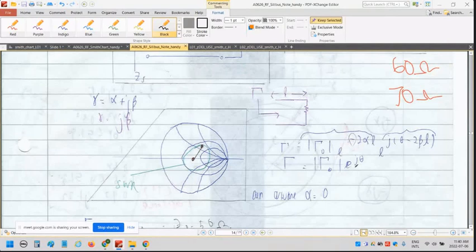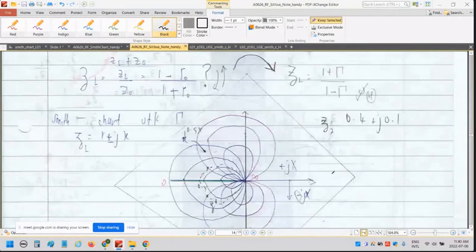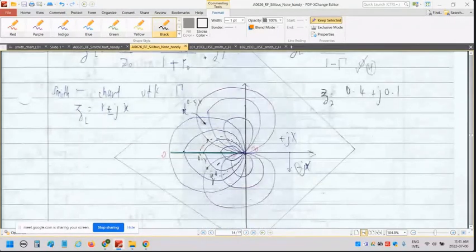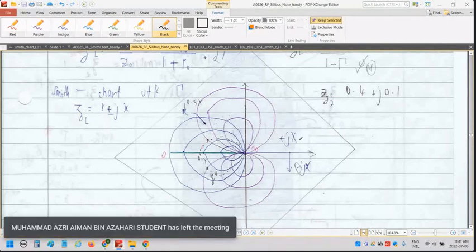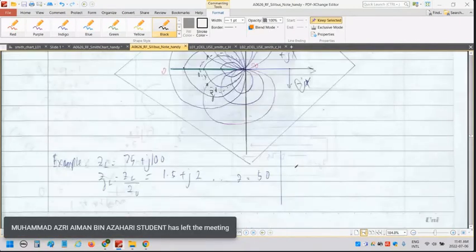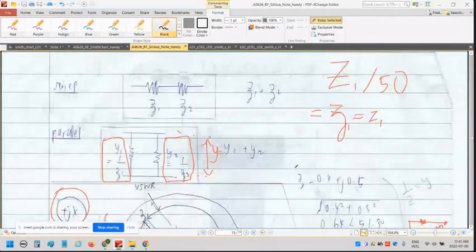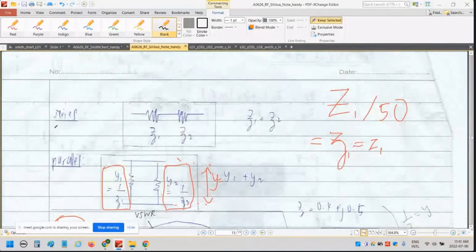For the plus and minus, on this side positive jx, below is negative jx. Next, for the series we use Ohm's law, so for the total Z you just add, Z1 plus Z2.